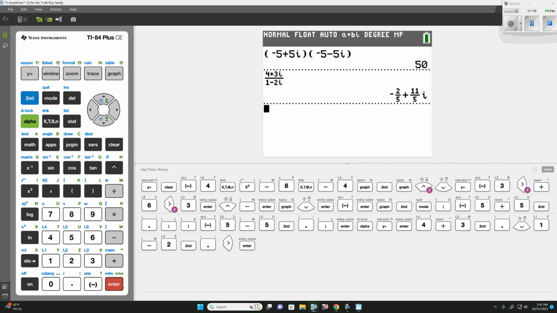Yours are just 84 Plus. For some reason, when they updated it to the CE, they added the ability to do this. Yours can still do it, but we have to do it a little differently. I'll show you that here in a minute. The CE edition can do it as a fraction.